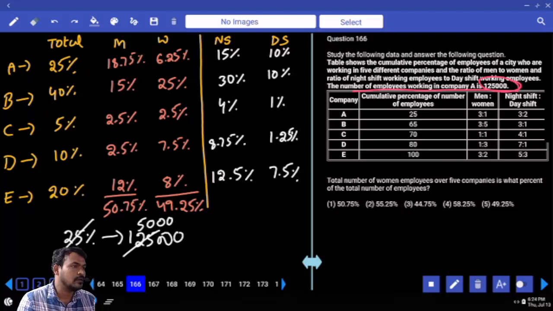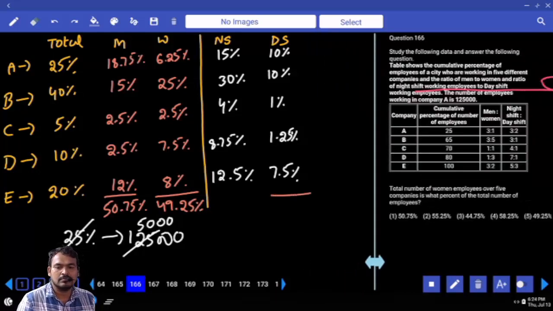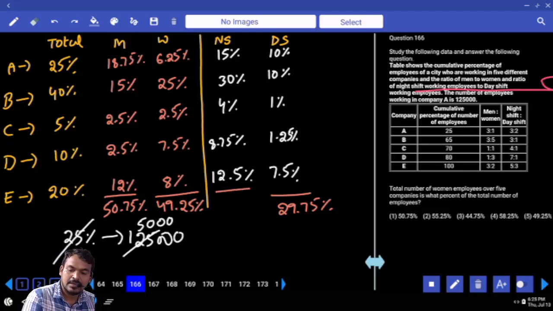Okay, 50.75. What is the day shift total value? 21 plus 8 is 29, plus 0.75, 29.75. Okay. What is the night shift employees? How much? 70.25%.